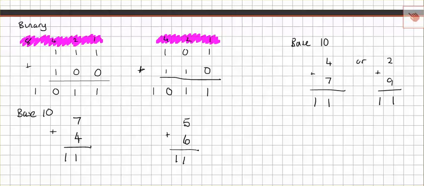Actually, I might do it in a different colour that's not as bright. I like using my tool for different colours. So 8, 4, 2 and 1 are not part of it, they're just labelling for the columns.